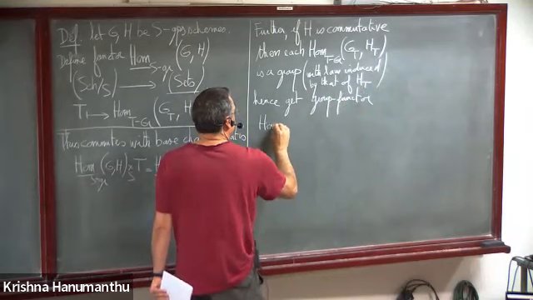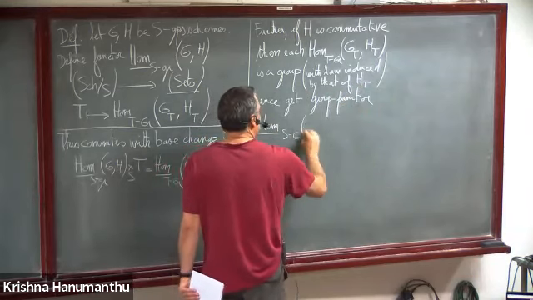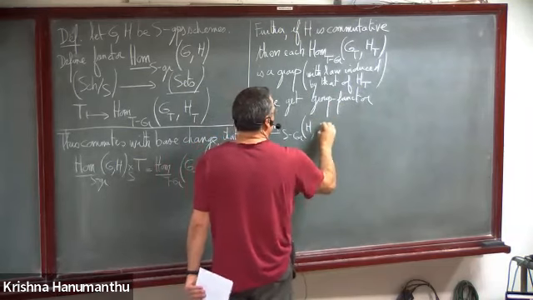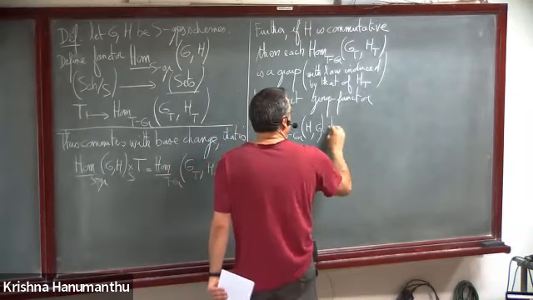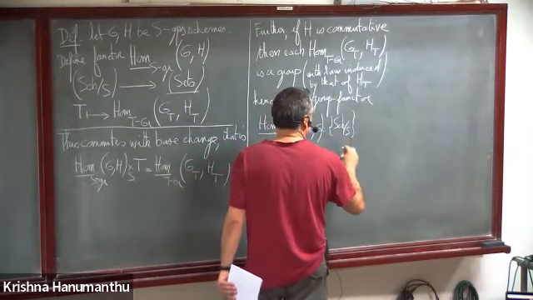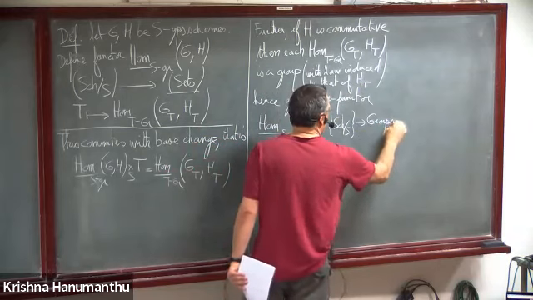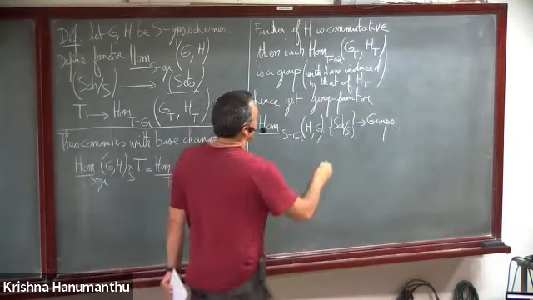So in this case, this is a functor from the category of schemes over S to the category of groups. Okay.